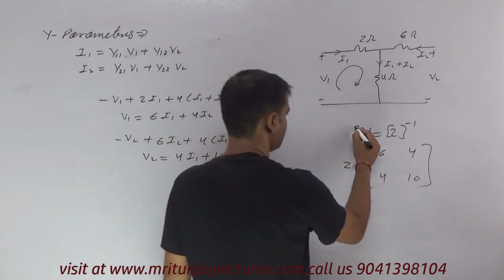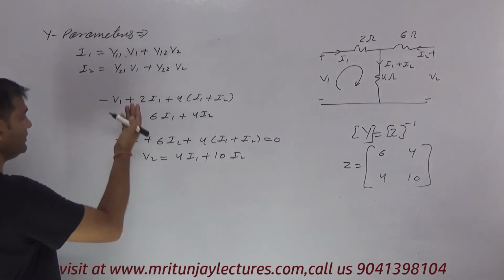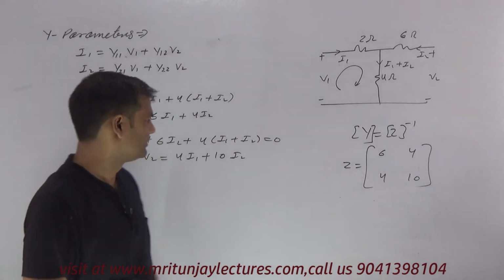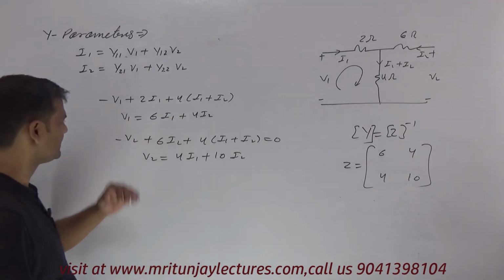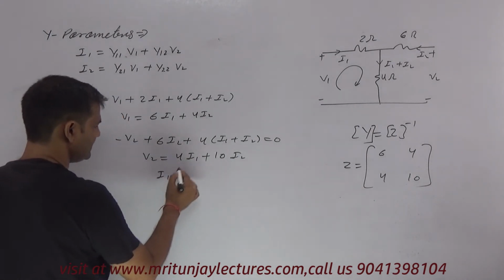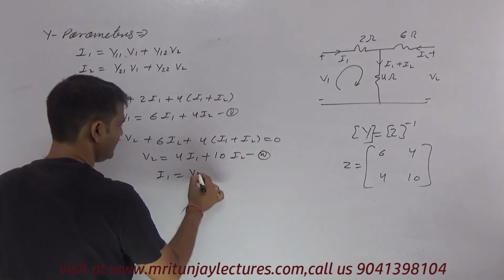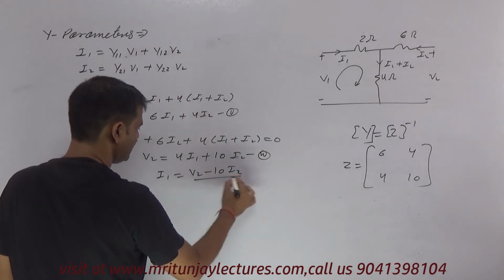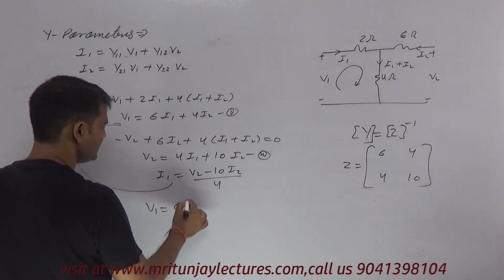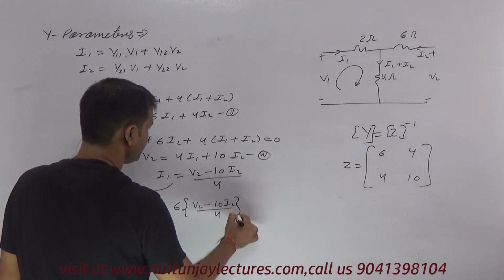But you can also do it this way. I know that if this circuit is converted like this one, then compare. Here V1 is like this one, V2 like this one. So I1 is written from equation number 2: V2 minus 10 I2 divided by 4. If this value is put in equation 1, we get 6 times (V2 minus 10 I2) divided by 4 plus 4 I2.